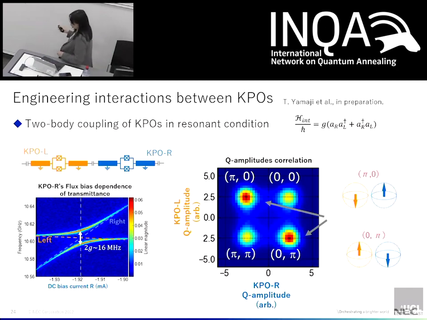And the right figure shows the correlation of the Q amplitude of two coupled KPOs. We pumped the KPOs simultaneously and measured the output state of each KPO. We plotted the histogram of output states as a function of Q amplitude of left and right.